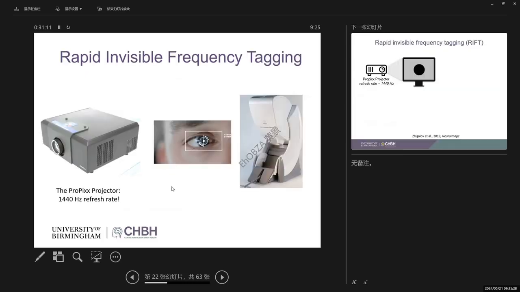Well, to investigate this, we have been making use of a new technique we have developed in my group. It's called rapid invisible frequency tagging. And this is based on this projector. It has a very high refresh rate, meaning we can flicker individual objects in a scene or words at very high frequencies.